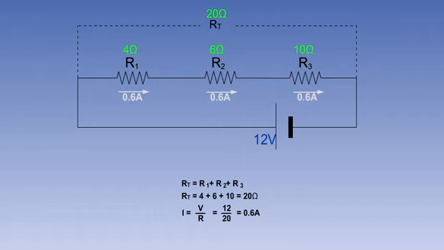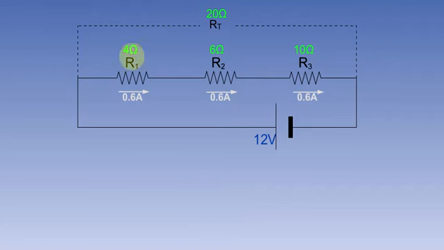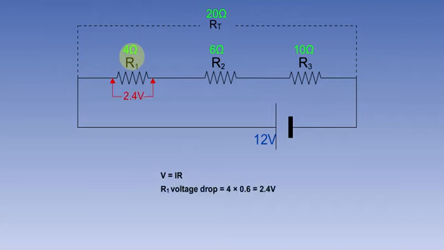We can use this circuit to prove Kirchhoff's second law. If we apply the current flow of 0.6 amps to each individual resistor, we can establish the voltage drop across them. R1 is 4 ohms. So, using Ohm's law, V equals IR. The voltage drop across R1 is 4 multiplied by 0.6, or 2.4 volts.